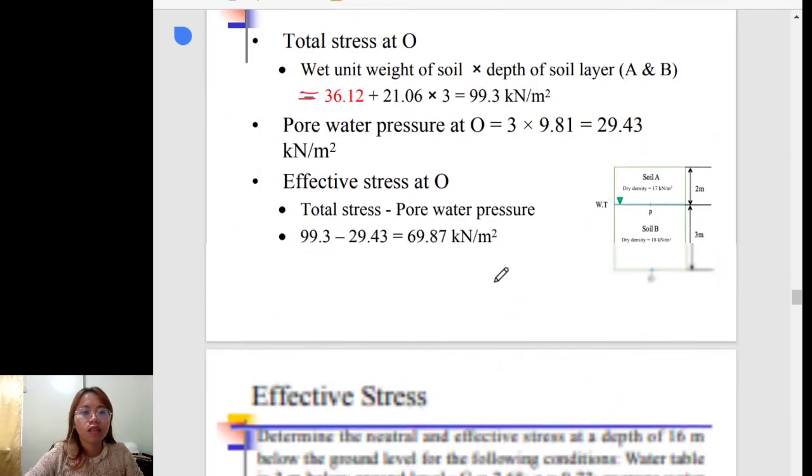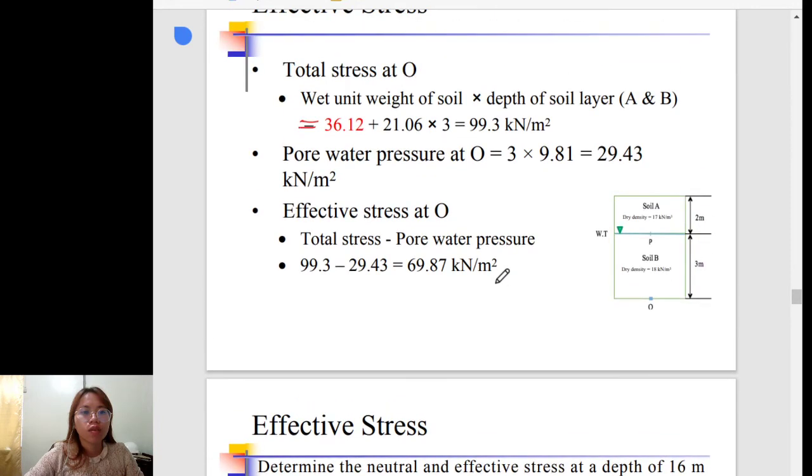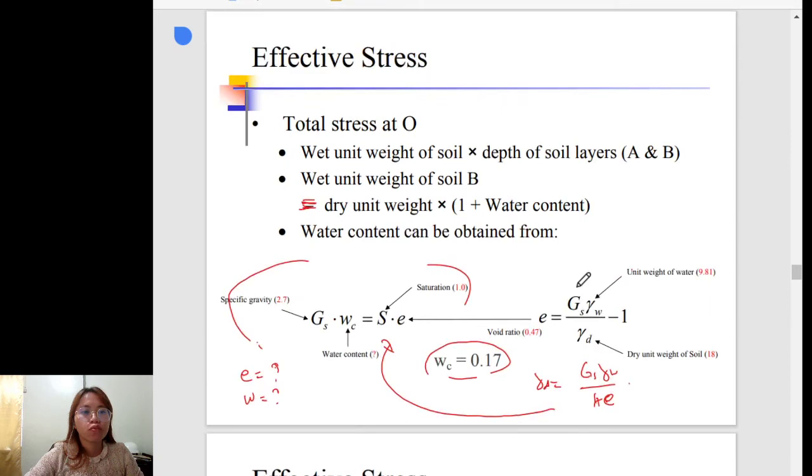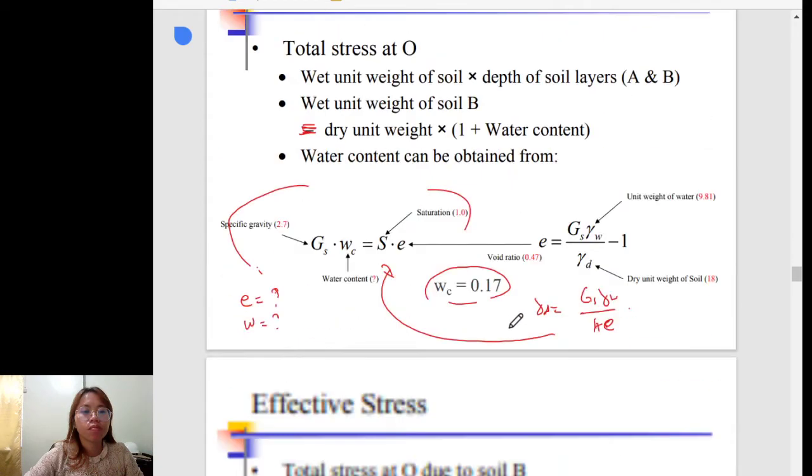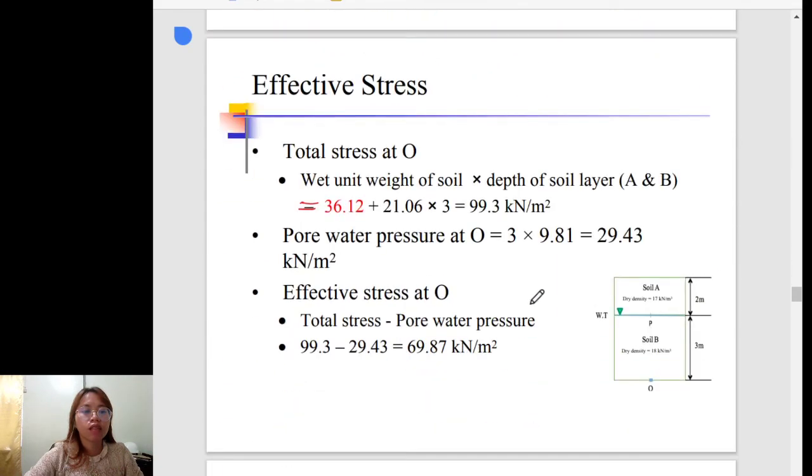Itong ganina, 36.12, no, this is from the soil A. This is soil A.